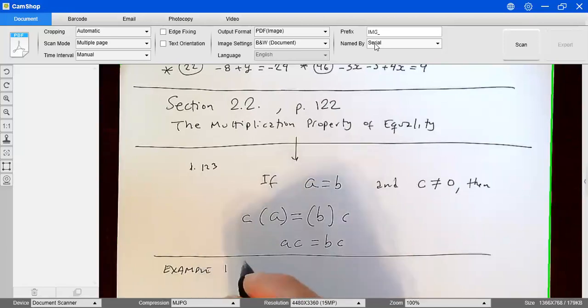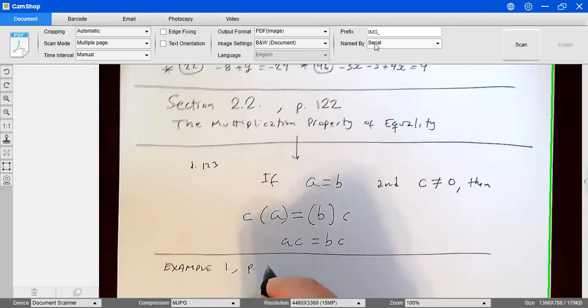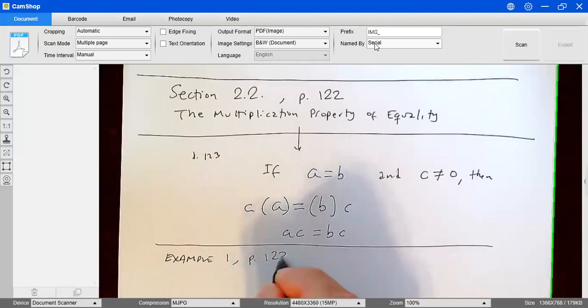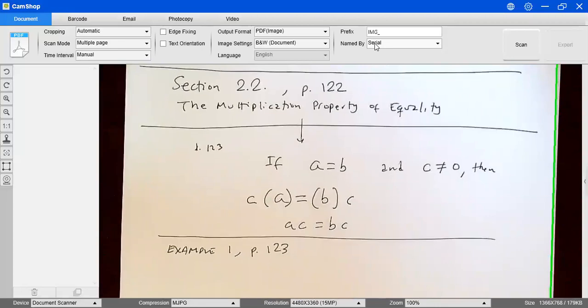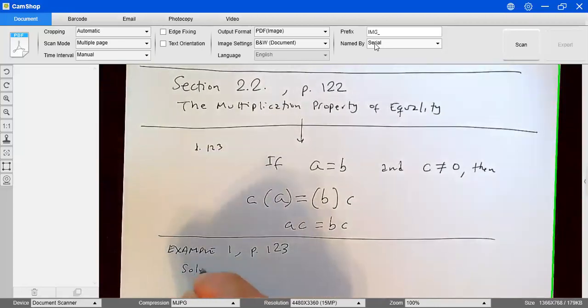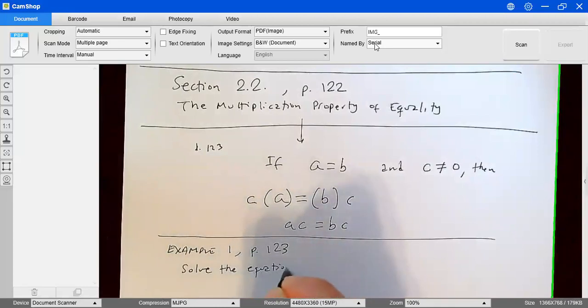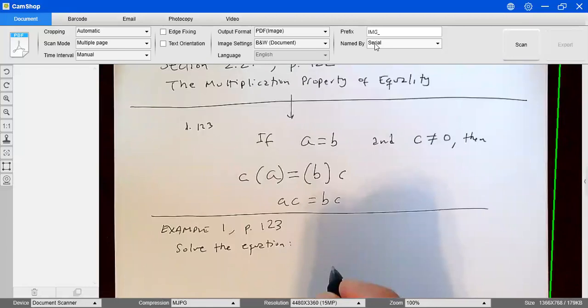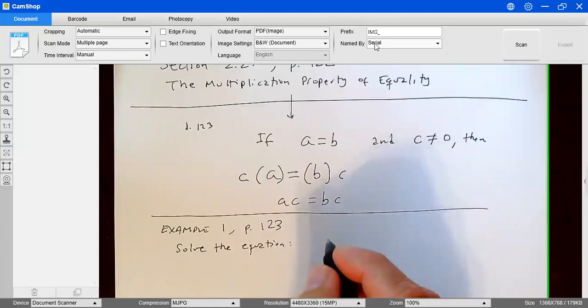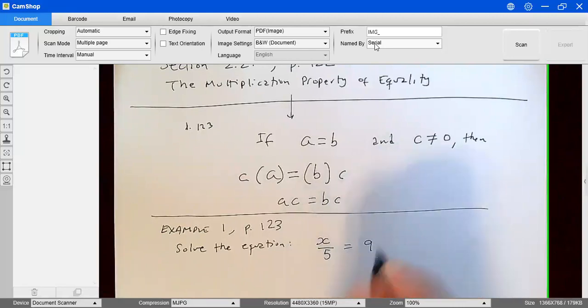This is one of the cases, so it's good that this is the first example that we're going to solve. So you're going to learn how to identify a problem that requires the multiplication property first. We're going to solve this equation. It's on page 123 and is x over 5 equals 9.